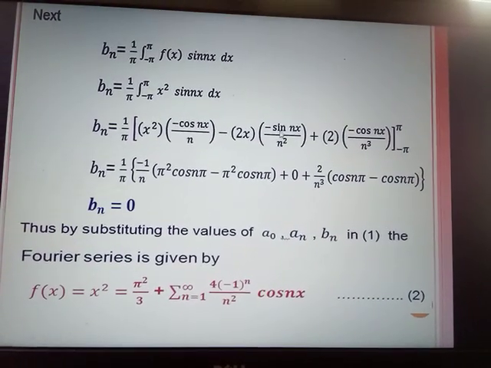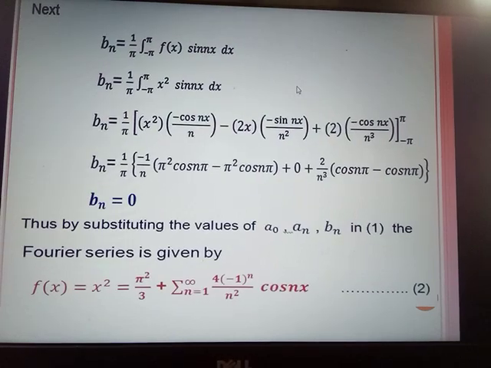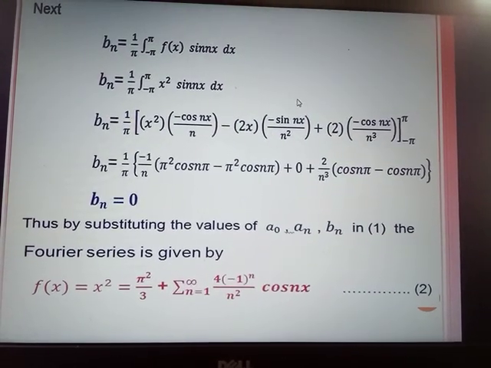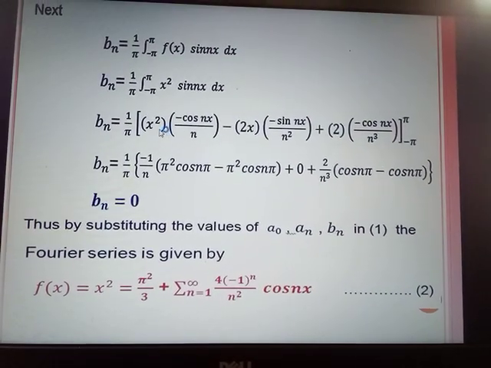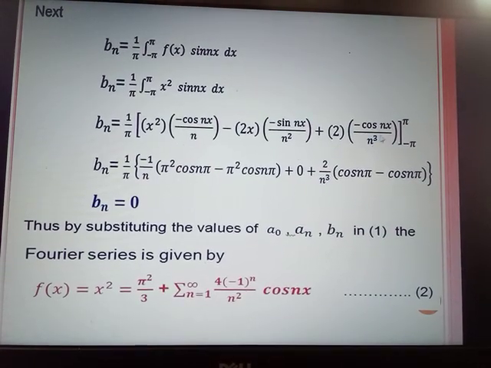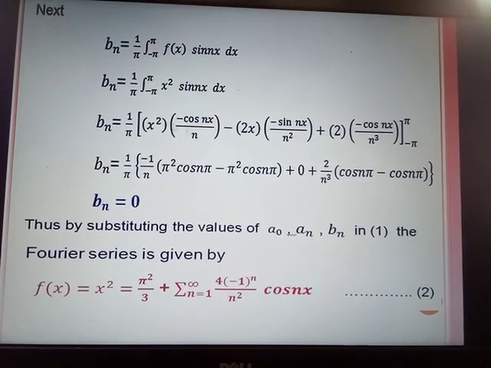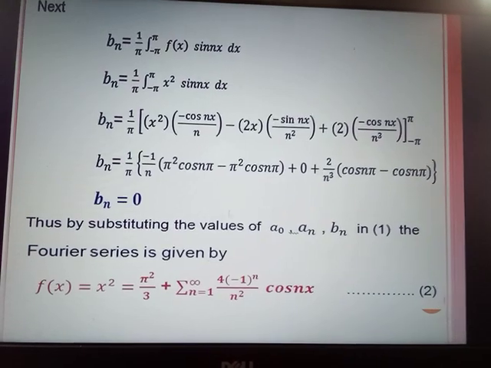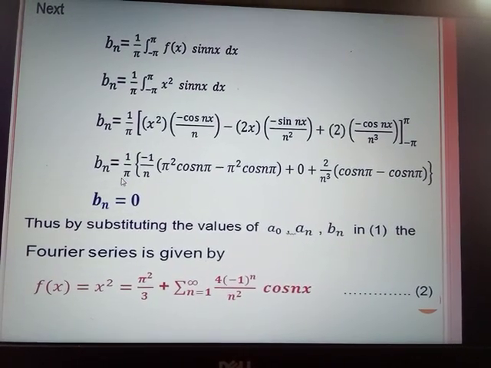Now we know that sin n pi value is 0, therefore the middle term, the whole term, will be 0, so we have to apply limits only for the first and last terms. Keep 1 by pi as it is.